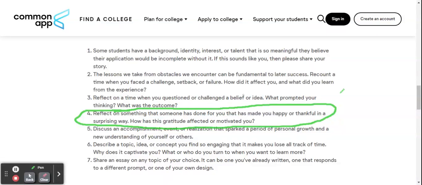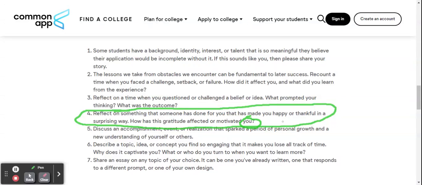In this question, it's asking, reflect on something that someone has done for you that has made you happy or thankful in a surprising way. How has this gratitude affected or motivated you? Again, notice that last question, and notice how the last question focuses on you, not on that other person.